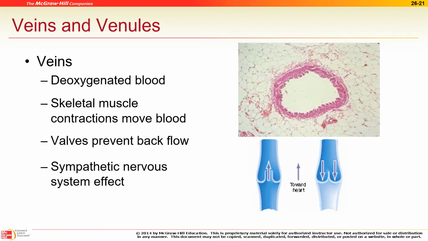Veins and venules. So as they get smaller, they become venules. And then the exchange vessels are the capillaries. So you notice here a lot less muscle, and they'll have valves. When you do your phlebotomy course, you'll learn how to deal with valves. Because as you insert a needle, you may get caught on a valve.